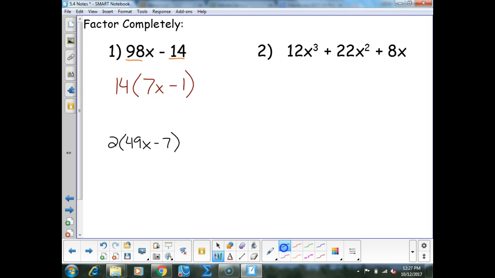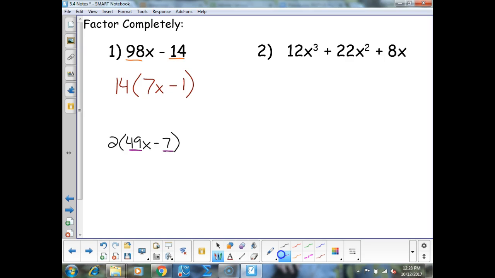Okay. So why isn't he right? Because it's not completely factored. Yes, factored, but not factored completely, because there's still a 7 that can come out of 49 and a 7 that can come out of 7. So when you factor completely, everybody would get the same answer. Okay?